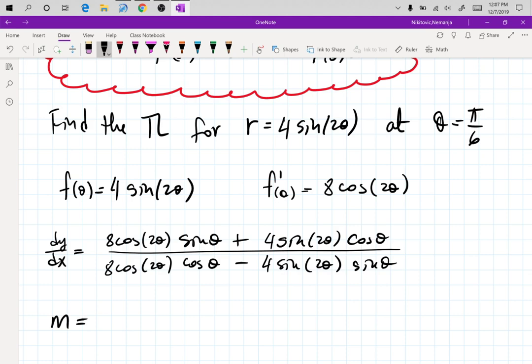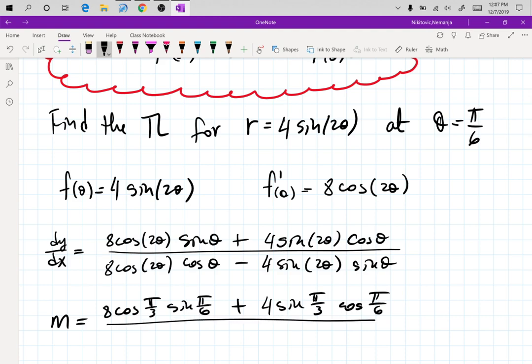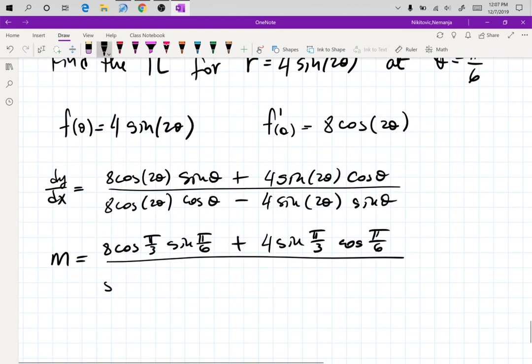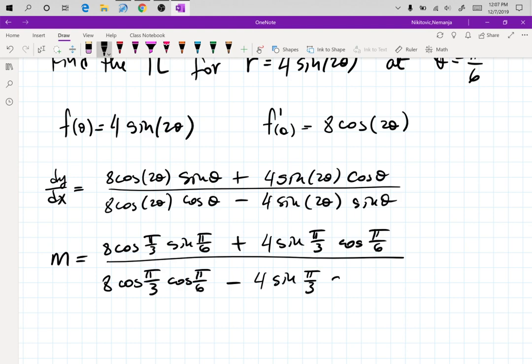So slope m is 8 cosine pi over 3 sine pi over 6 plus 4 sine pi over 3 cosine pi over 6, divided by 8 cosine pi over 3 cosine pi over 6 minus 4 sine pi over 3 sine pi over 6.